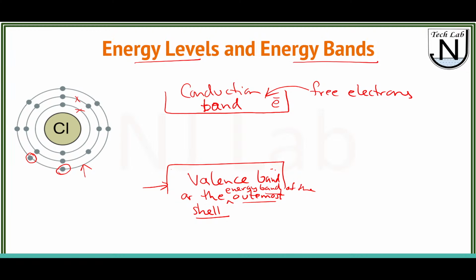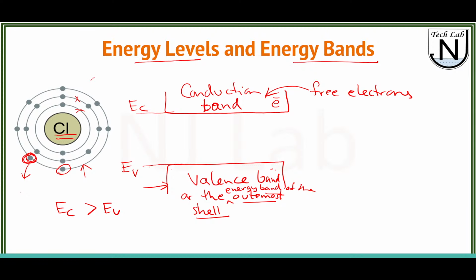And if we talk about the energy, then the energy of EC is always higher than the valence band. It means the electrons will be free when the energy of the electron is quite large, so that this electron can free itself and detach from this atom, the chlorine atom, right?